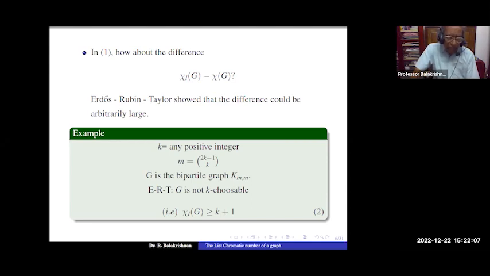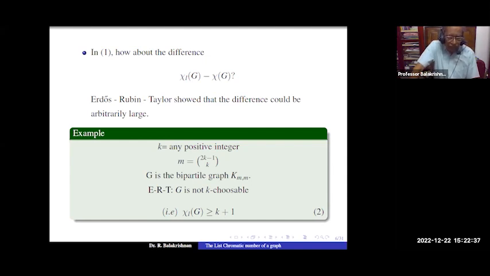Let G be the bipartite graph K_{m,m}. That means there is a bipartition X, Y. X has m vertices and Y also has m vertices, and it is a complete bipartite graph. That means every vertex of X is adjacent to every vertex of Y. Erdős, Rubin, and Taylor show that for this bipartite graph, the chromatic number is just 2.